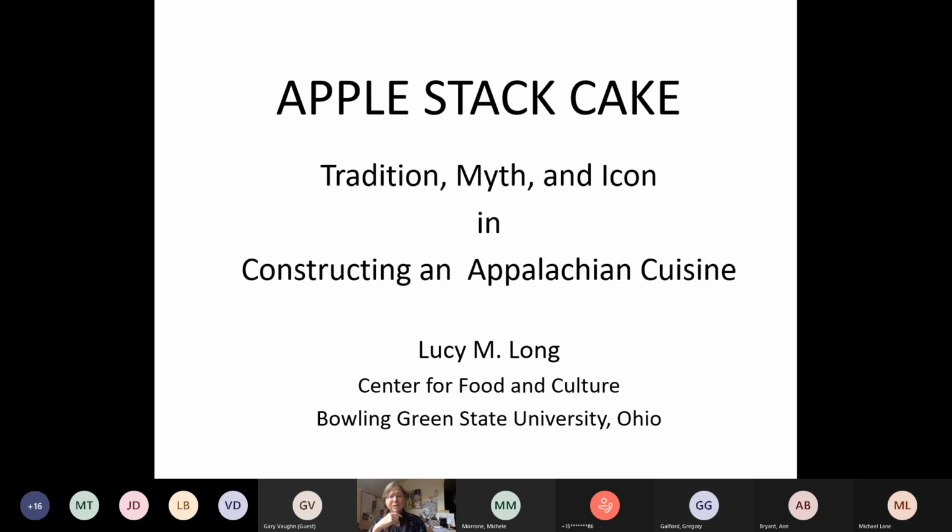I also teach at Bowling Green State University in American Culture Studies and Ethnic Studies and Folklore, as well as nutrition and tourism. I am from North Carolina originally, and part of the impetus for this paper is my own experience or lack of experience with this particular cake.